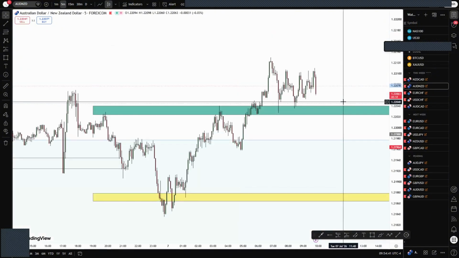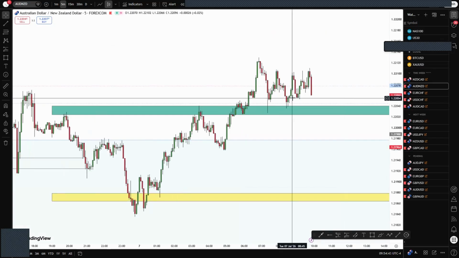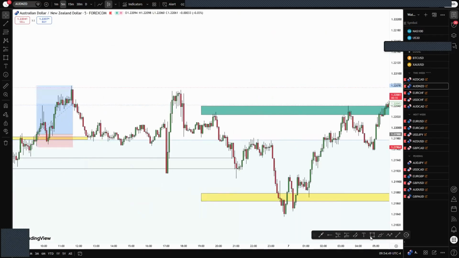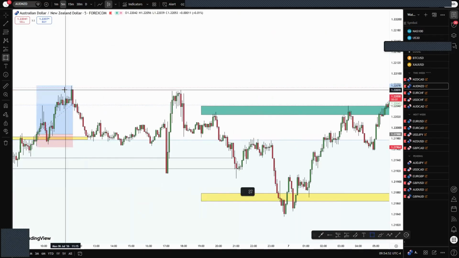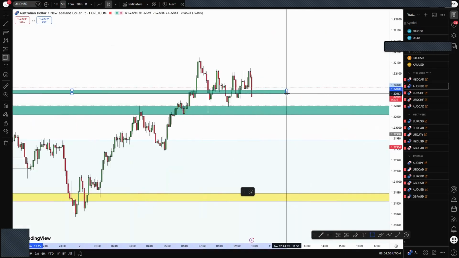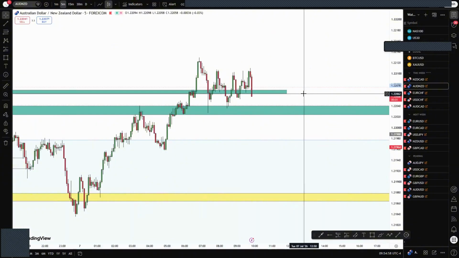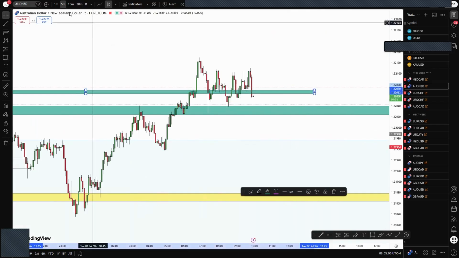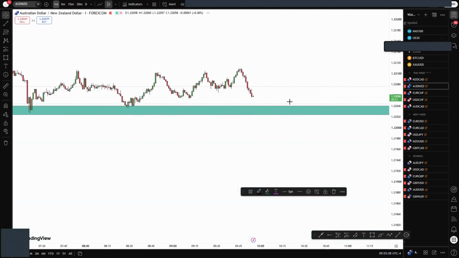The daily is bearish, but there's an OG level here that's broken below.